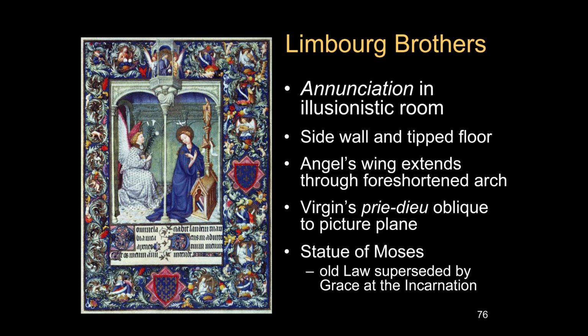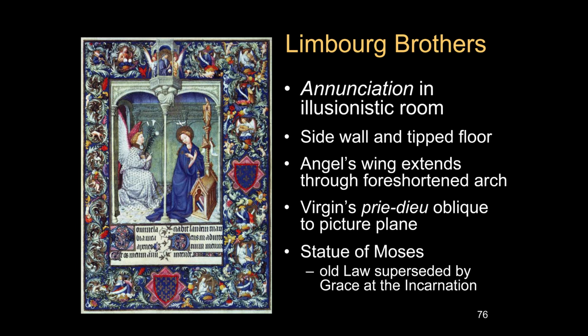So it was believed that the old law, the era under the law, the time from Moses to the time of Christ, was superseded. It ended because the era under grace came into being at the time when God took on human flesh, at the incarnation.